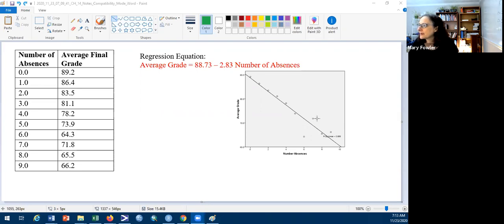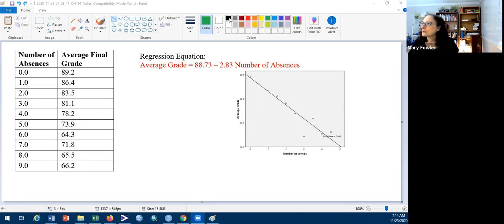There's that point right there. And I want to do on this graph, and maybe not be all that good with it, but I'll try. I'm going to try to show you graphically where y is, where y hat is, and the difference between y and y hat, which is our residual or error term. The residual is y minus y hat.